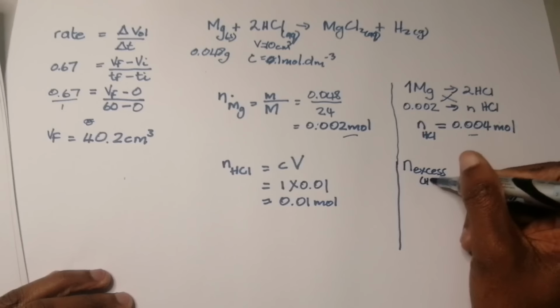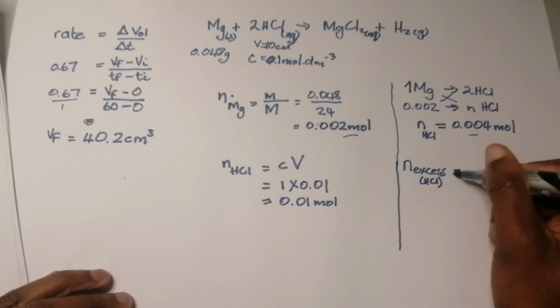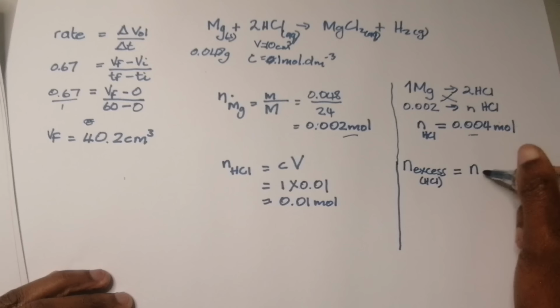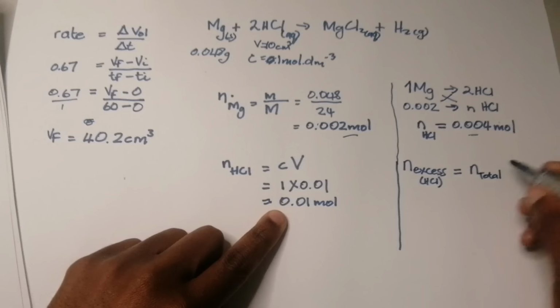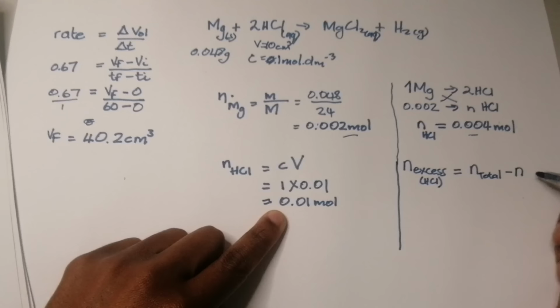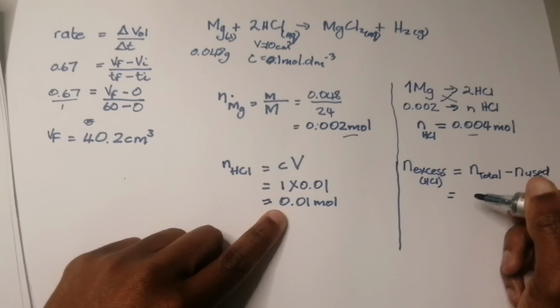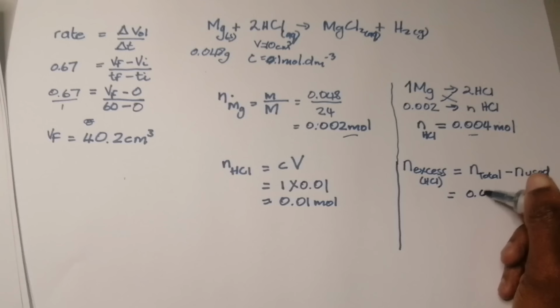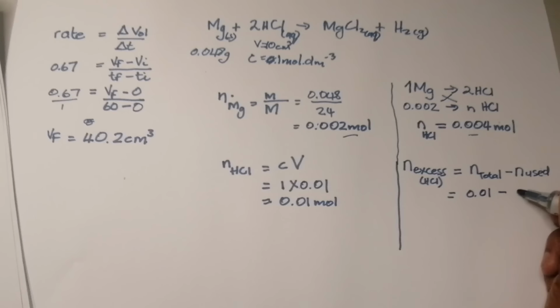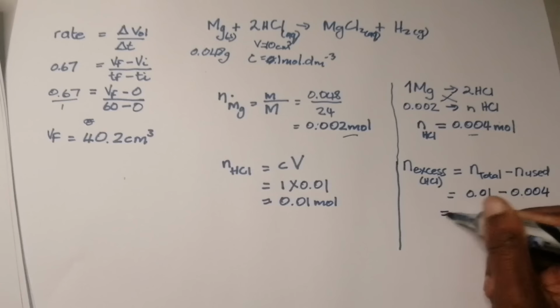So remember, this is HCl, right? So what will it be? It will be the number of moles that we have originally, or you can say the total number of moles that were given, minus the number of moles that you actually used during the reaction, okay? So in this case, I've got 0.01 minus 0.004, right?